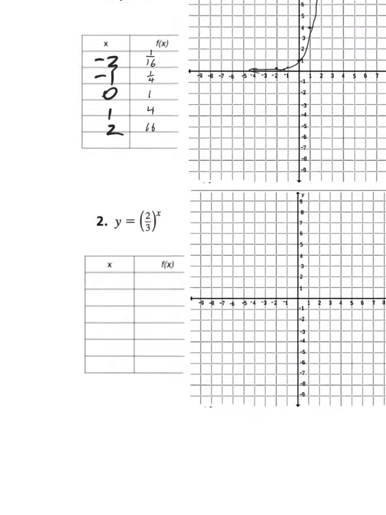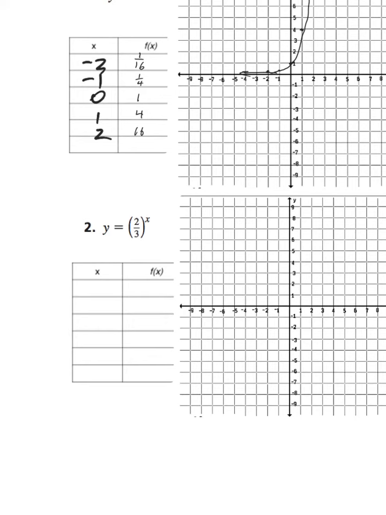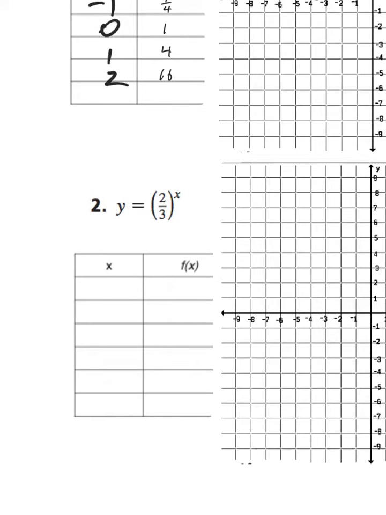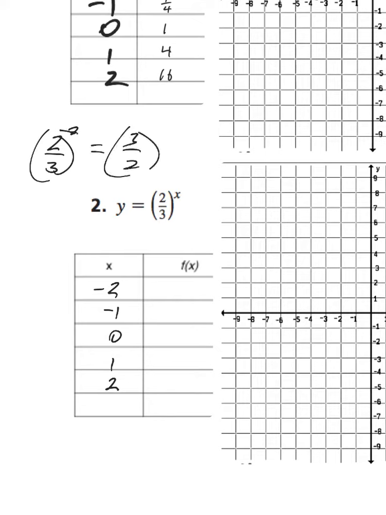So there we go. This next one, I think that is worth watching me do because the numbers are crazy. I know how much people love fractions, but again, -2, -1, 0, 1, 2. To the -2, what's going to happen? 2/3 to the -2 is going to be the same thing as 3/2 squared.